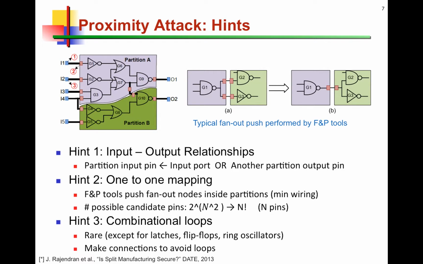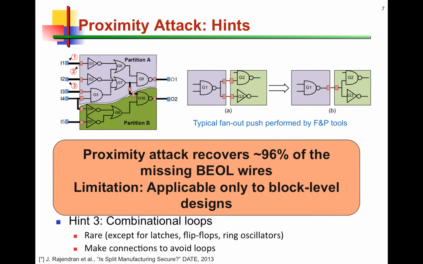So there are certain things that you can use to prune the search space and limit yourself to making the correct connections. And this way, with proximity attack, you can hope to get most of the missing connections correctly. And we've shown in the past that proximity attack can be quite powerful. Of course, it has its own limitations, but you can at least get most of the connections correctly.